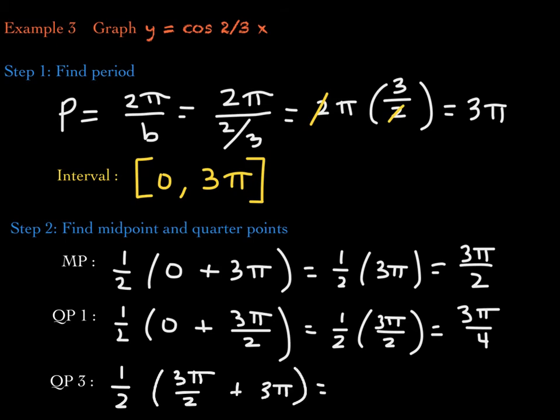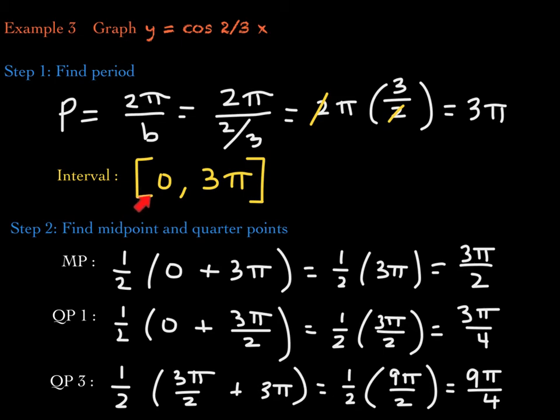So this is half of, now just for fraction work here, remember that 3 pi is really 6 pi over 2. And 6 pi over 2 plus 3 pi over 2 is 9 pi over 2. And so your third quarter point is just 9 pi over 4. Again, I'm trying to make this neater for you. 9 pi over 4.